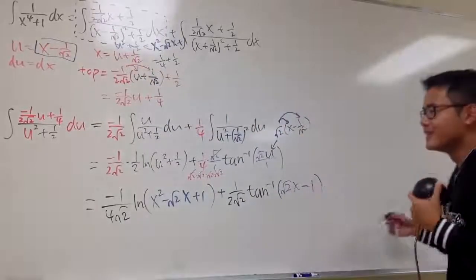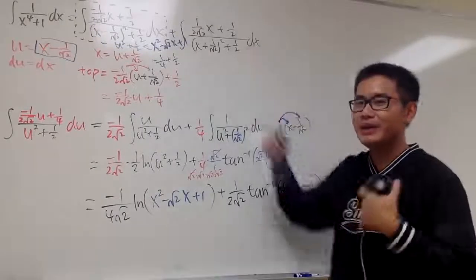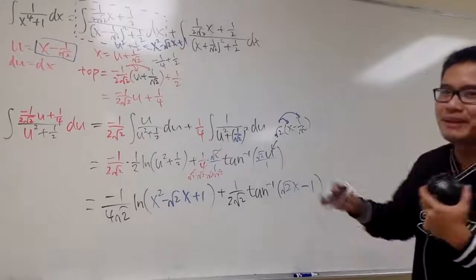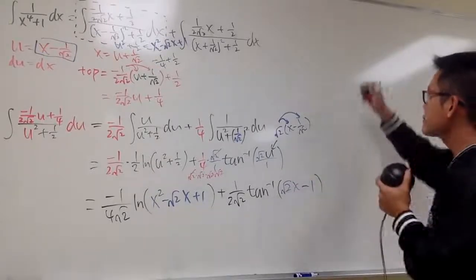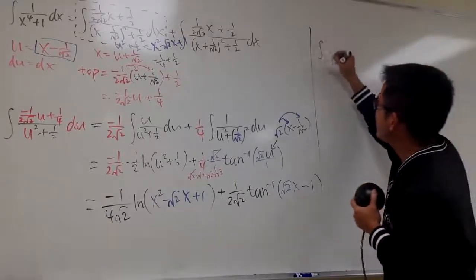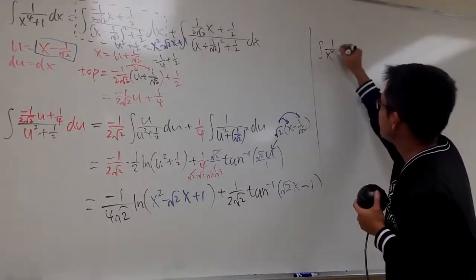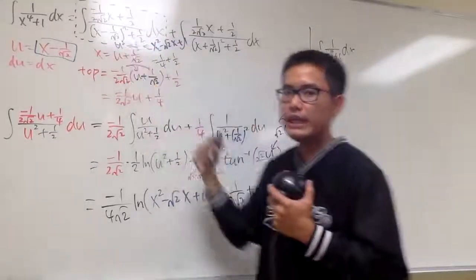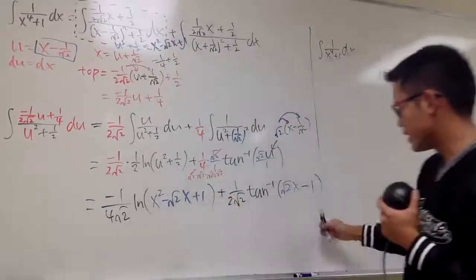So all in all, for the second one, you know it's going to be almost the same, right? But let me just make it complete for you guys. So here is the final result. Ladies and gentlemen, to integrate 1 over x to the 4th power plus 1 dx, let me write down this right here in black, which is all this right here.